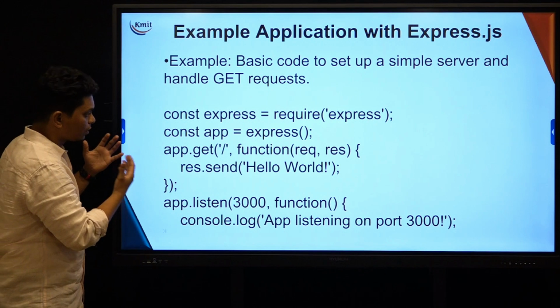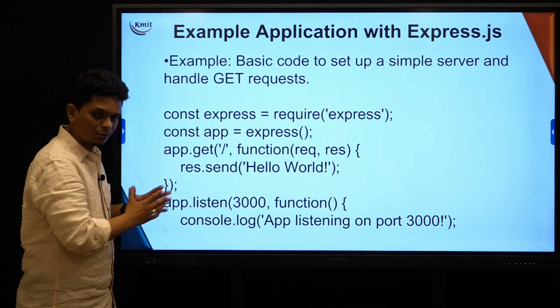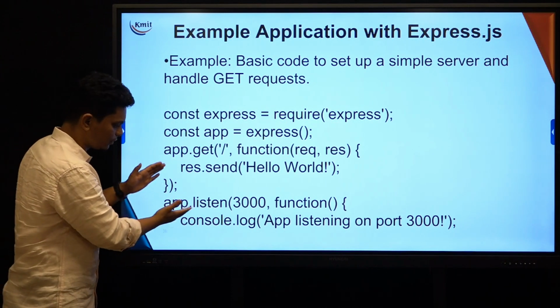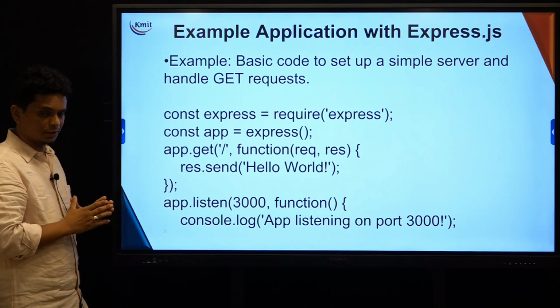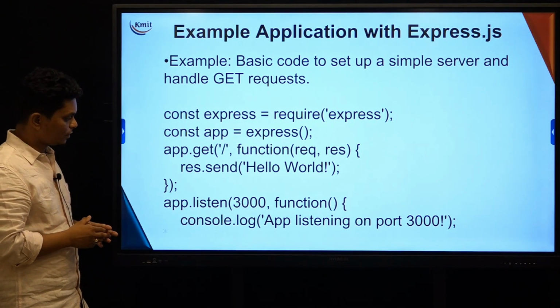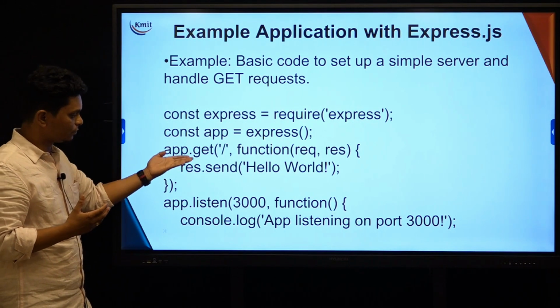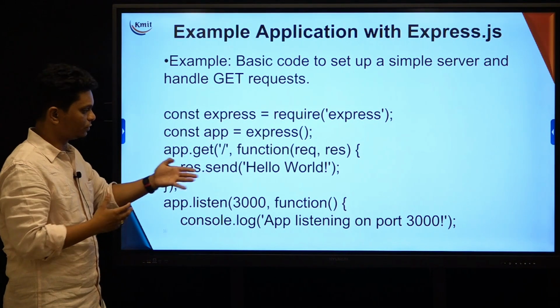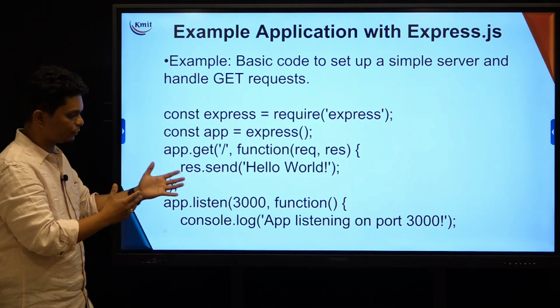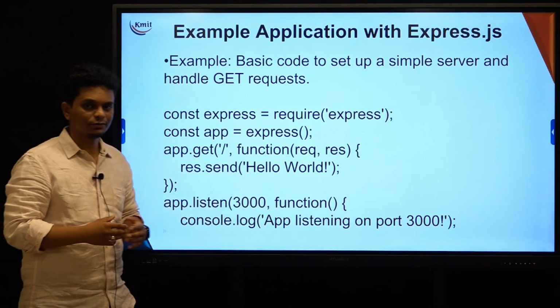And as usual we have to specify the port number here. For the port number we have used the app.listen method. So we have a listening method that, on success, would say app listening on port 3000.